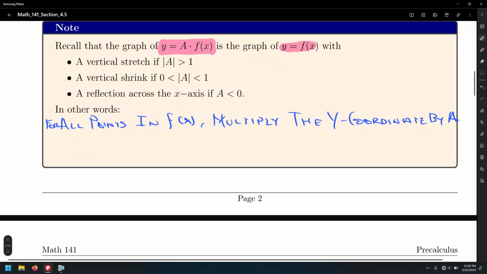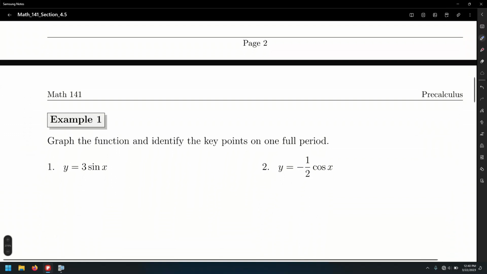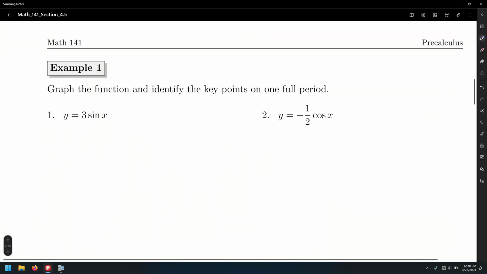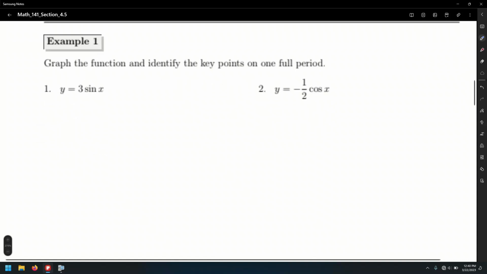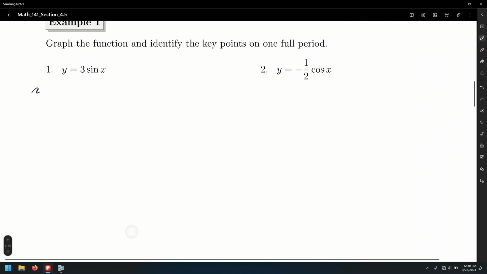Graph the function and identify the key points on one full period. Number 1, for the very generic sine function, on one full period, only one full period.